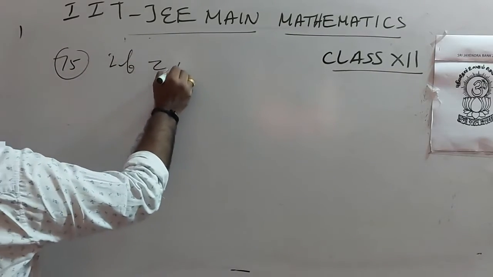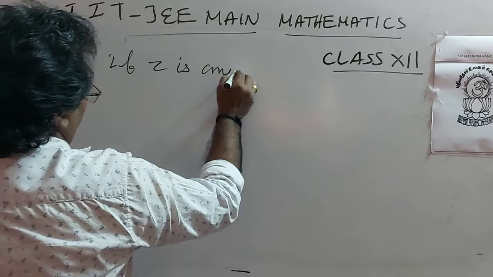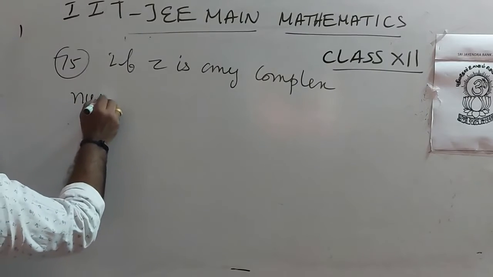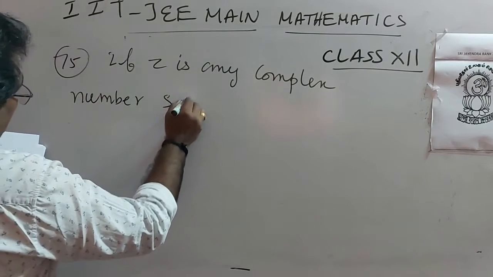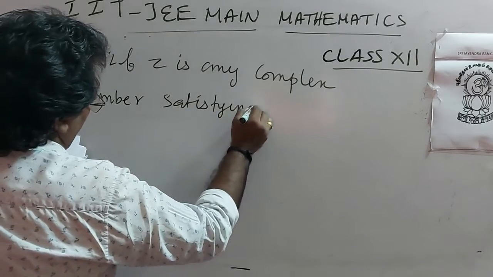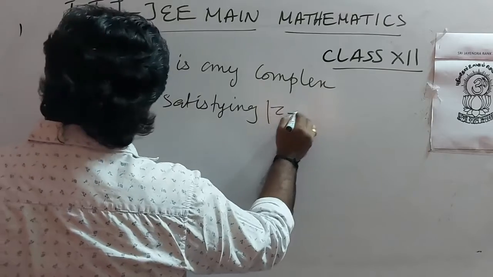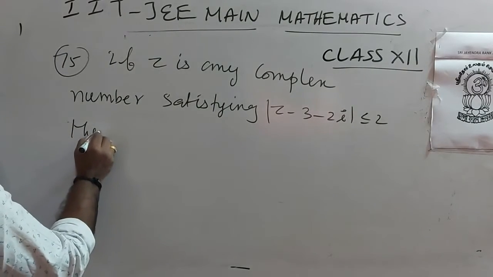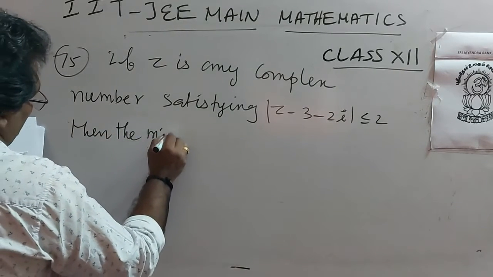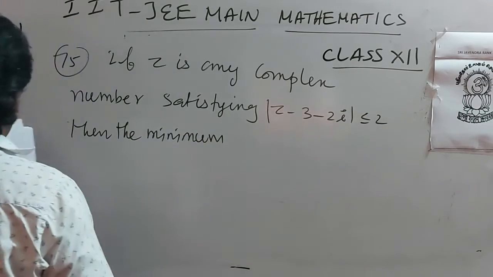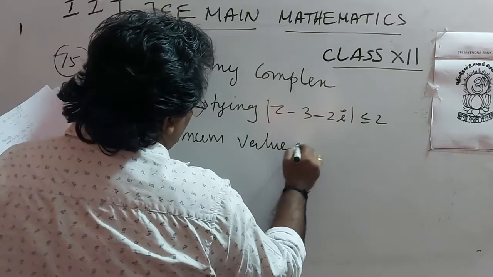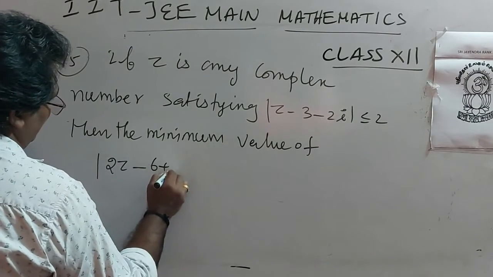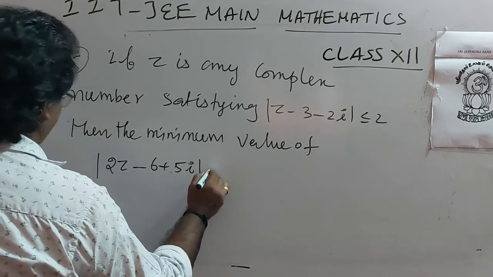If Z is any complex number satisfying |z − 3 − 2i| ≤ 2, then the minimum value of |2z − 6 + 5i| is.